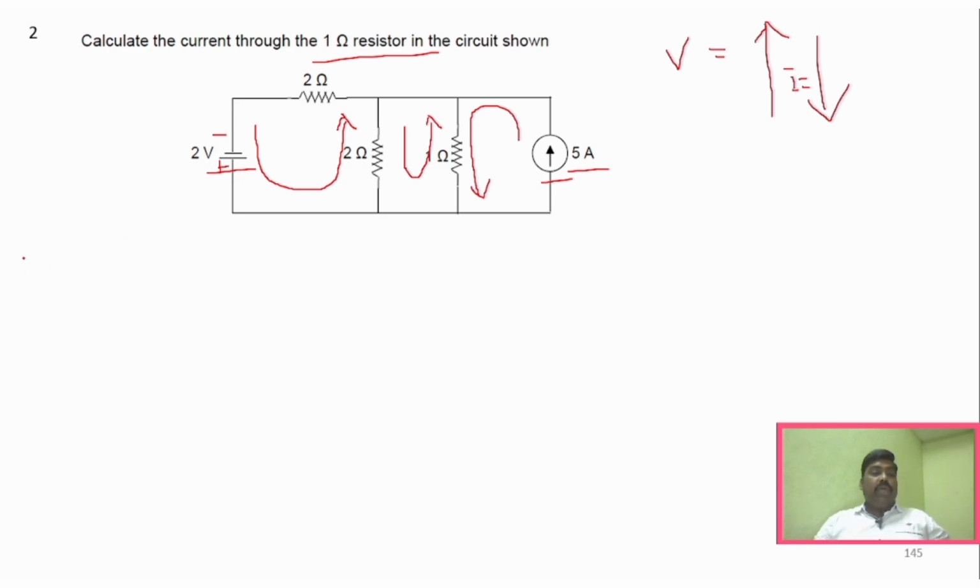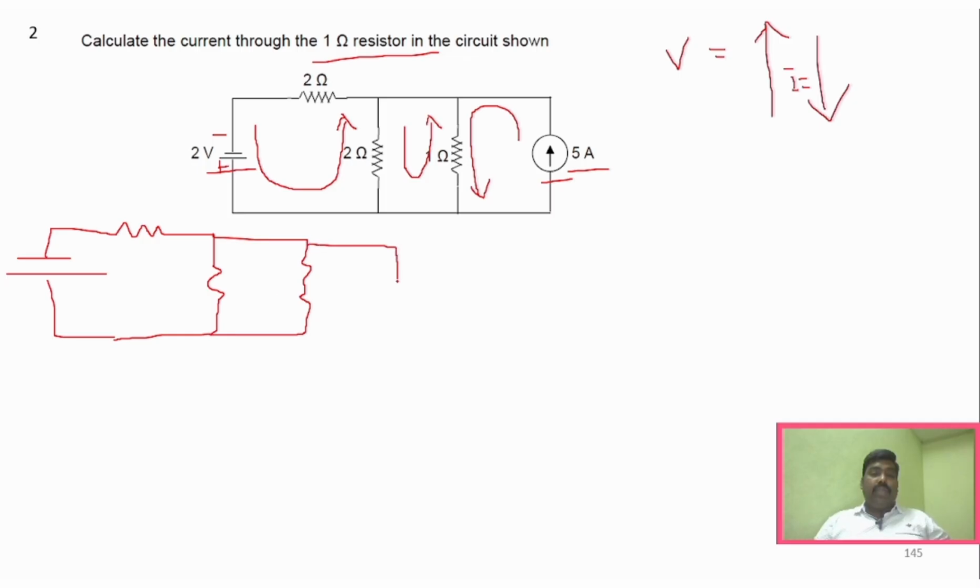Now if I consider only the voltage source, I'll take this 2 volt, right? And I'm going to remove the current source. If I'm going to remove the current source, I have to open circuit the current source, right?